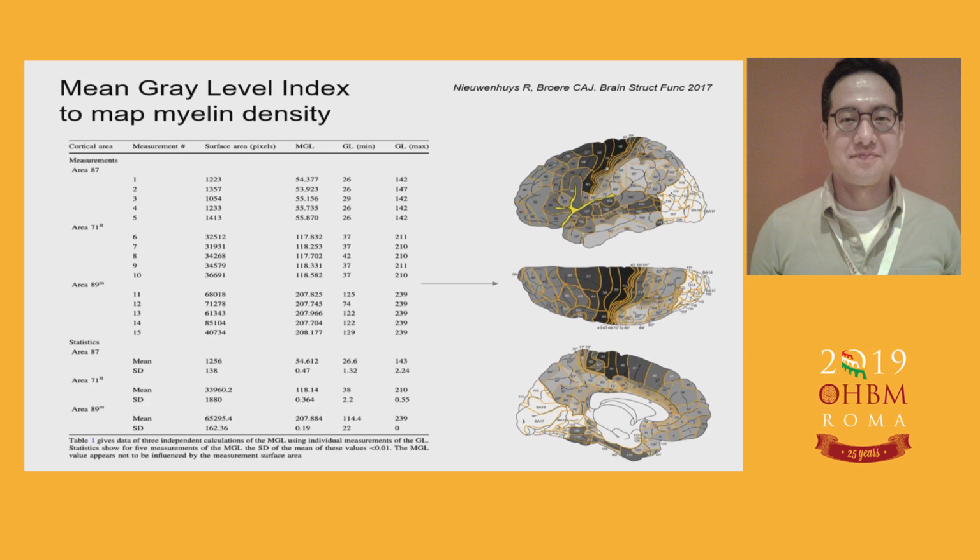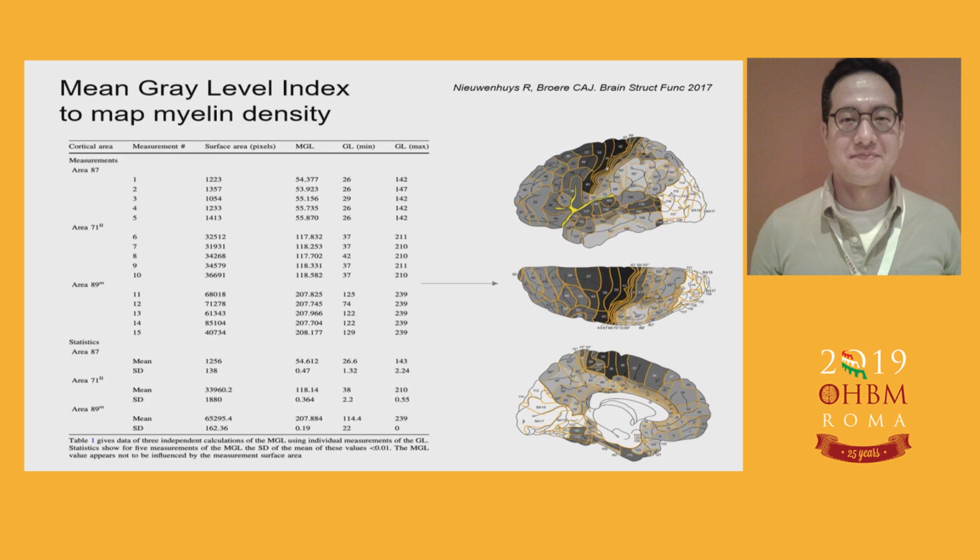Finally, he provides this table. As you see, across multiple cortical areas, he reports the mean gray level index, as well as the minimum and maximum gray level index, which you can flexibly deal with.